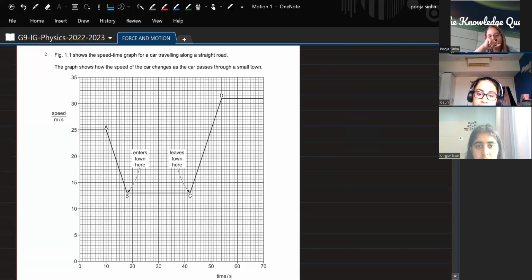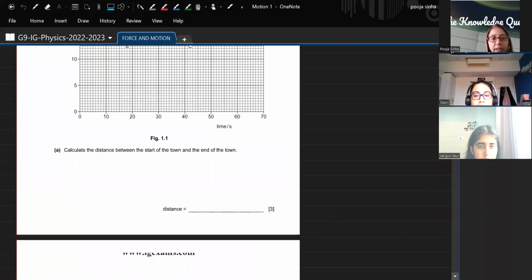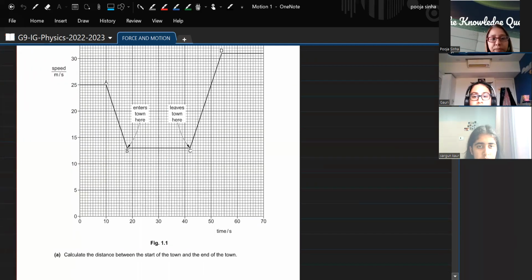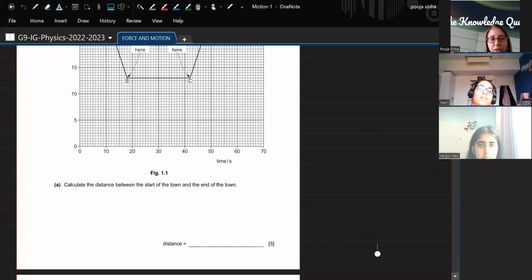Start of the town and the end of the town. ठीक है? Start. कहाँ पर है start of the town? What point is the start of the town, Sargun? Point B. And where is it leaving the town? At point C. Point B and point C. अब उधर से हमें क्या निकालना है? Calculate the distance between the start of the town and the end of the town.